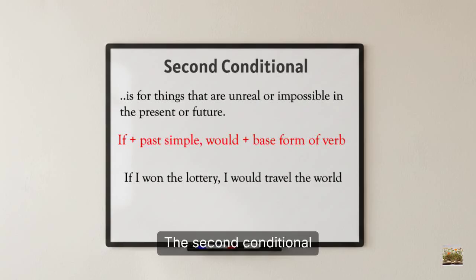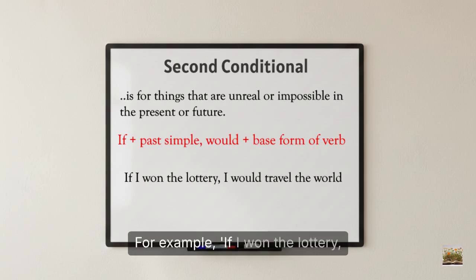The second conditional is used to talk about situations that are unlikely or impossible in the present. It often expresses unrealizable wishes or hypothetical scenarios, such as imagining what you would do if you had superpowers. The structure typically involves if, followed by the past simple tense, and would, plus the base form of the verb.